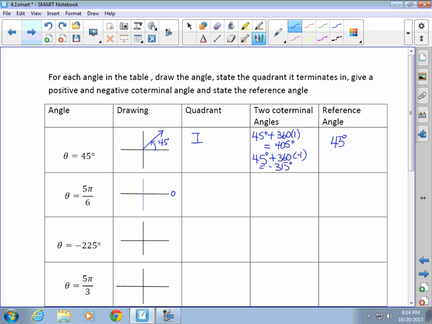1/4 is up here. If I'm going all the way around, if this is 0, that is the same as 0 and 2 pi.